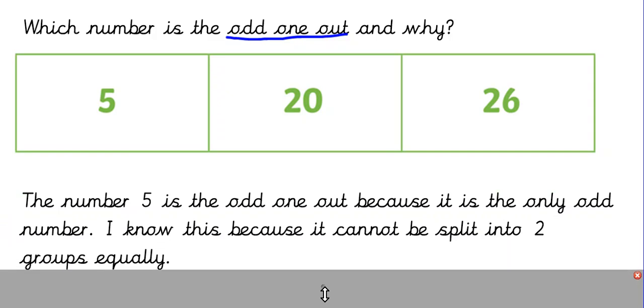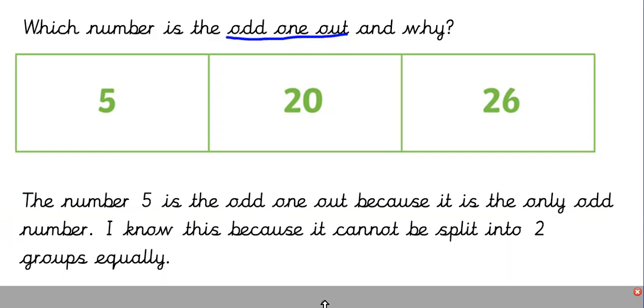So, the number 5 is the odd one out because it is the only odd number. I know this because it cannot be split into two groups equally. Okay, so let's just prove that. 1, 2, 3, 4, 5. In this one here, I've got 3, and in this group here, I've got 2.